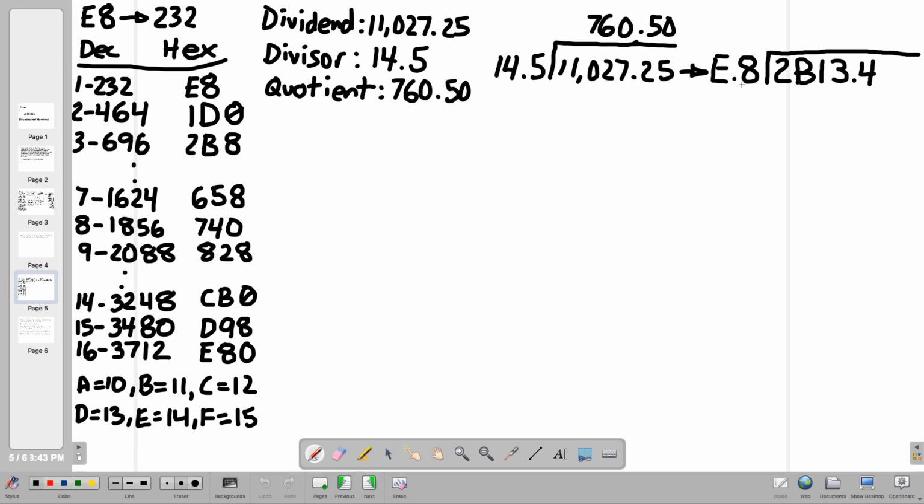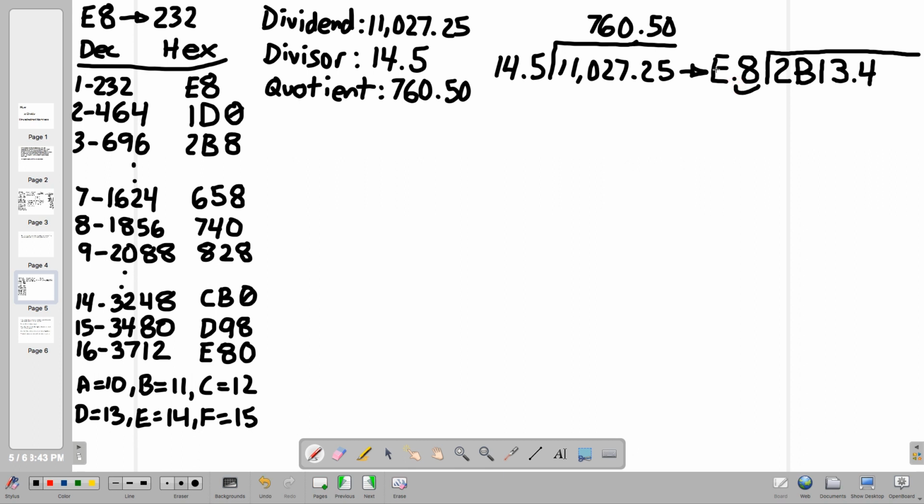The number 8 is to the right of the decimal point in the divisor, and the dividend has one digit, 4, to the right of the decimal point. So we need to consider two places when we perform this computation. We just pretend like they're not there.